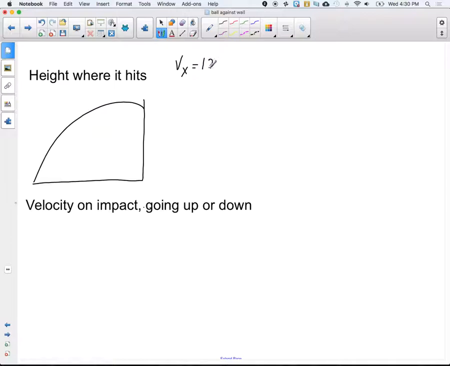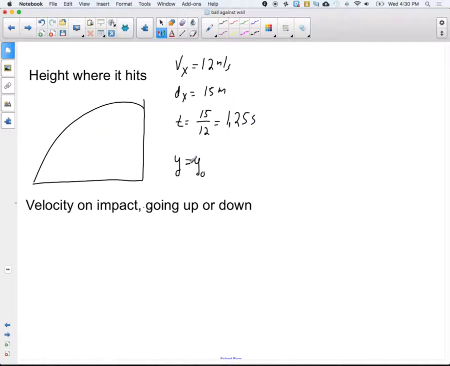but we can start thinking about that by recalling that the velocity in the x direction is 12 meters per second, and the distance in the x direction is 15 meters. So the time that it's going to take to get there is 15 over 12, which is equal to 1.25 seconds. So we now can use that position equation for y.